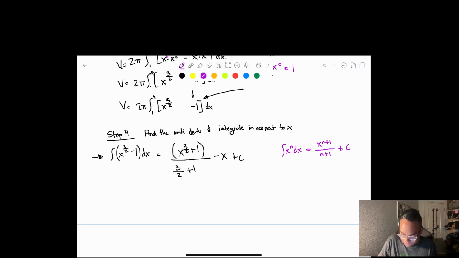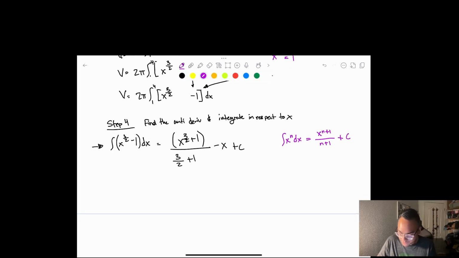Xn plus 1. Okay? So that is basically what we're doing. The constant stays the same, but we have to add a plus c to it. So the bottom becomes the exponent, which is just 3 over 2 plus 1. And on the top, we get an x over 3 over 2 plus 1.